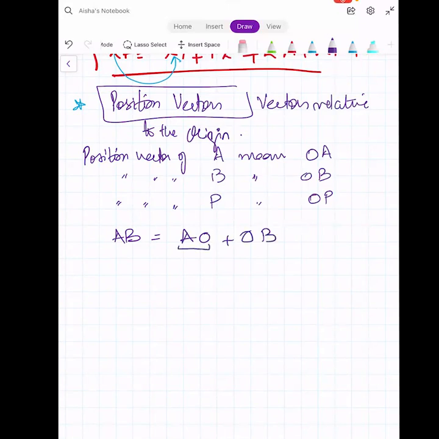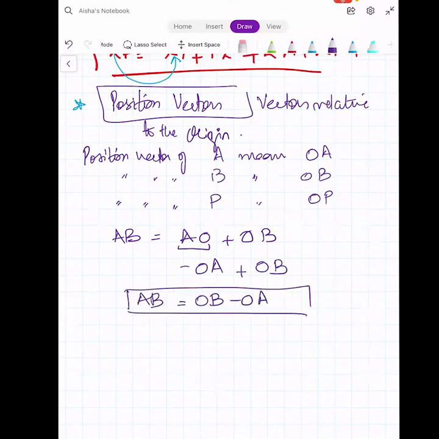When you reverse it, it will become negative, because when you reverse the direction, it is multiplied with a negative sign. So this is the general equation we use for position vectors.